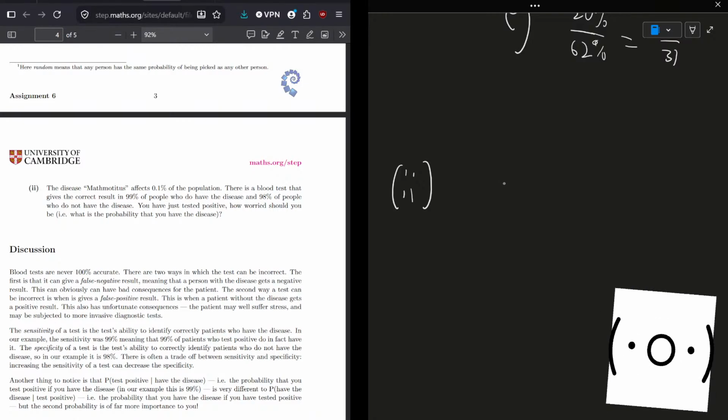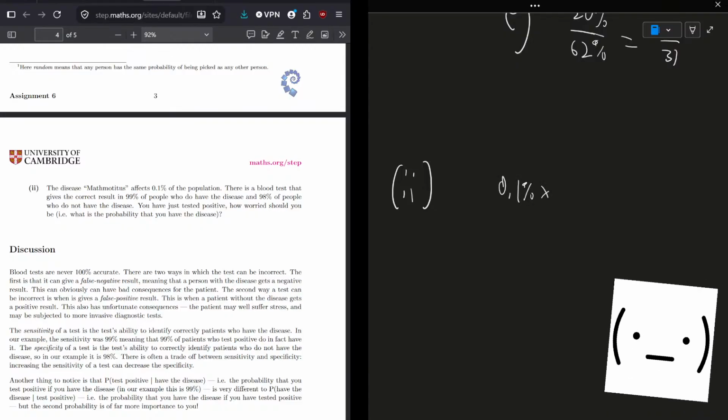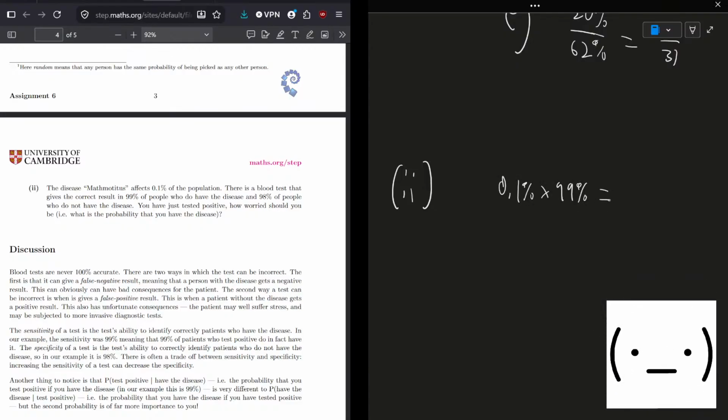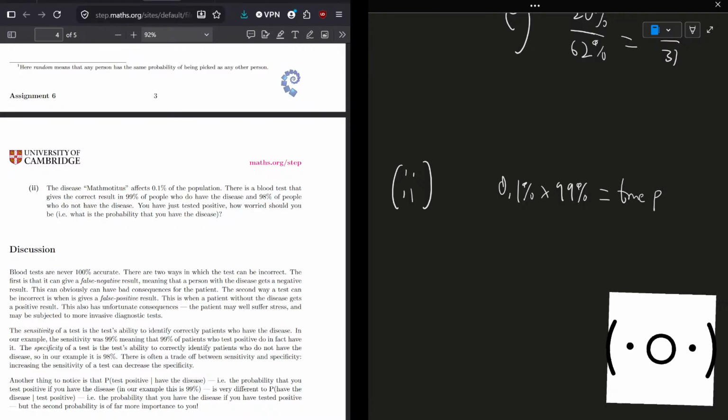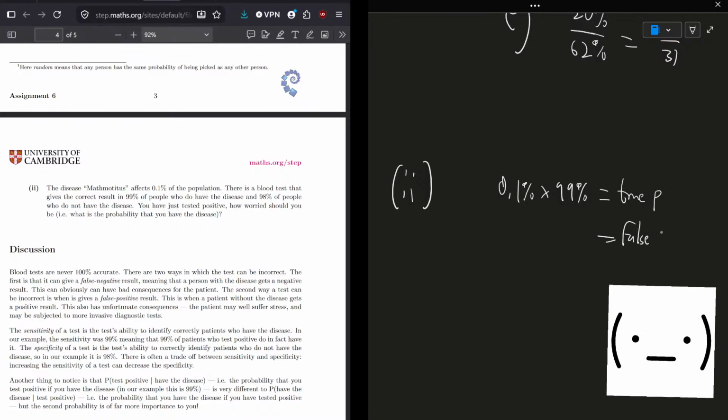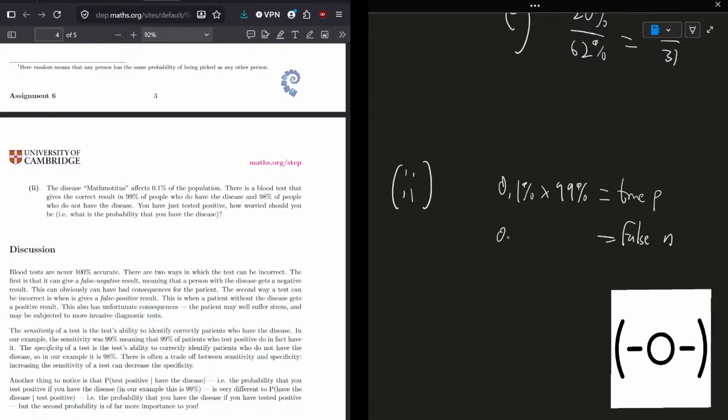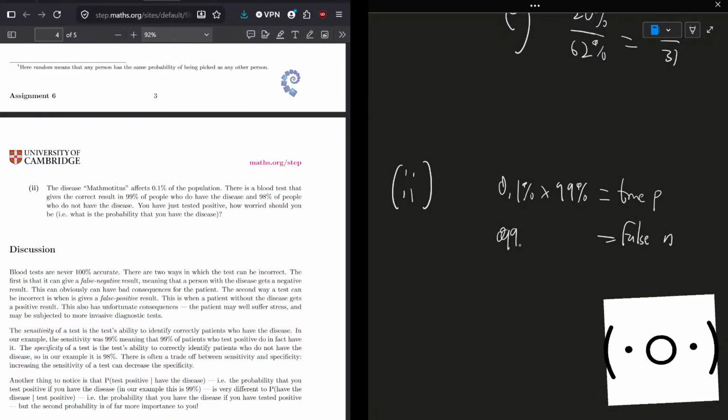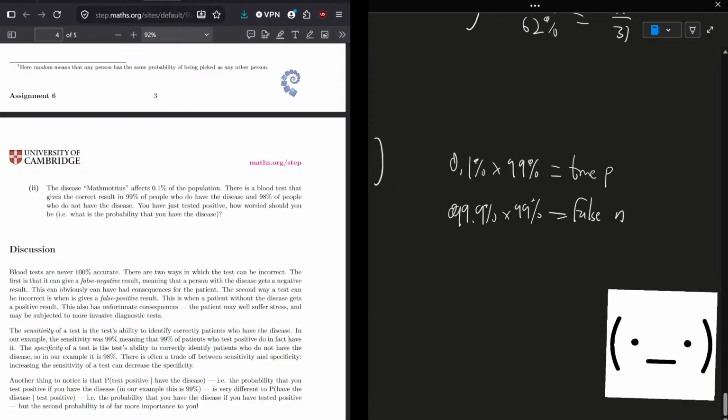So that means that 0.1% times 99% is a true positive. False negative comes from only 99.9%, 0.99% of cases.